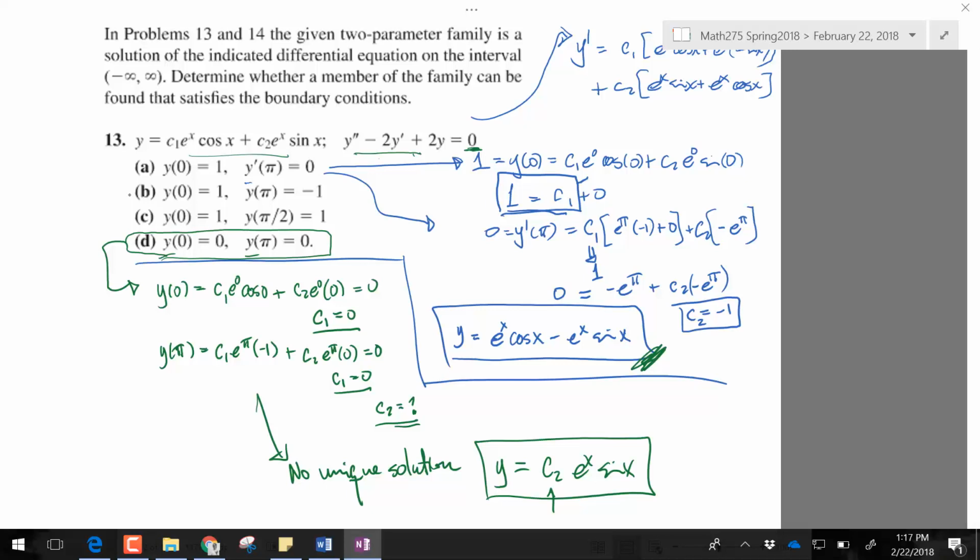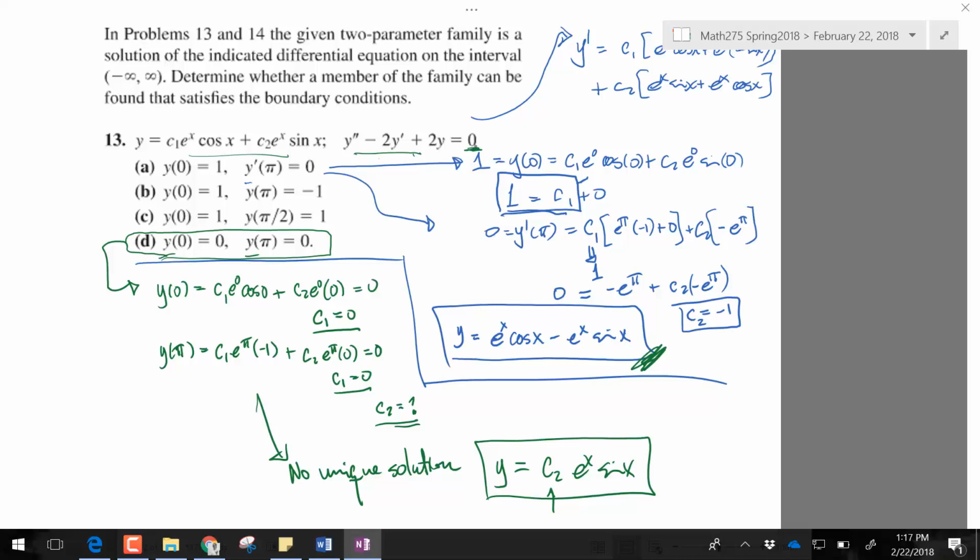Not a lot, just a couple of things. That's not a unique solution. If this is non-zero, then it could be possible that your boundary condition is not going to give you 0. Then maybe you won't get a solution at all. Yeah, I guess so.